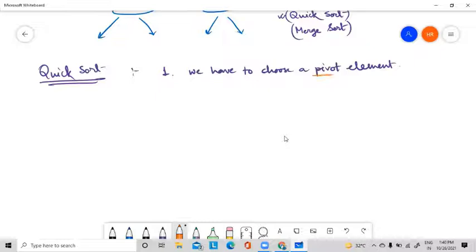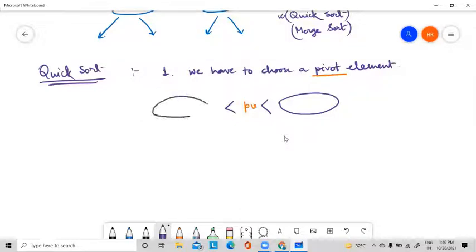A pivot element is any element which ultimately will be put into its proper position. When it is put in its proper position, all the greater elements in the array will be on this side and all the smaller elements will be on this side. Then we can say that the pivot got its proper position.